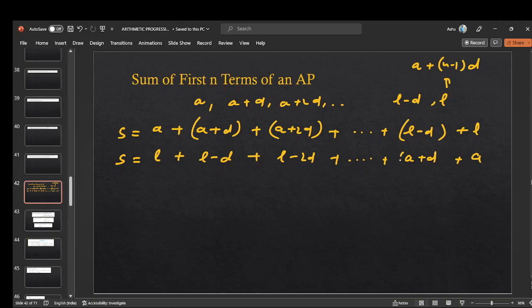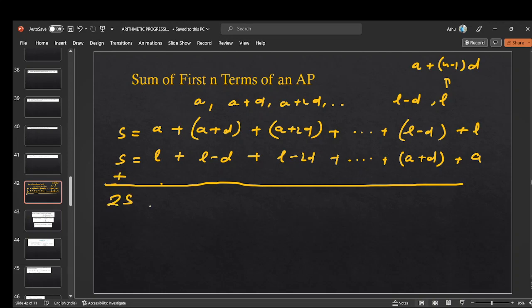Clear? Now add it. If we add, what do we get? Here 2S. Clear? Now here a plus L. Then again here d will be cancelled out. Then we get only a plus L. And do you know there are n terms only?